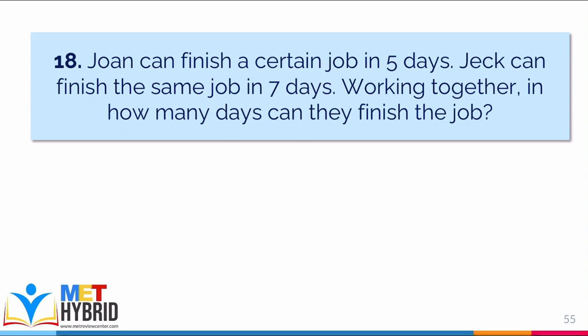Let 1 over 5 represent the part of the job Joanne can finish, and 1 over 7 the part of the job Jack can finish. The sum of these two is 1, meaning 1 complete or finished job.